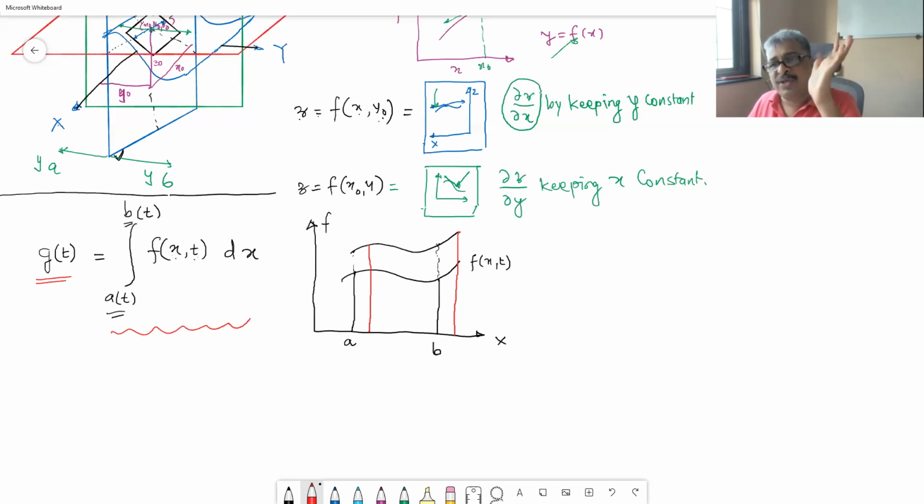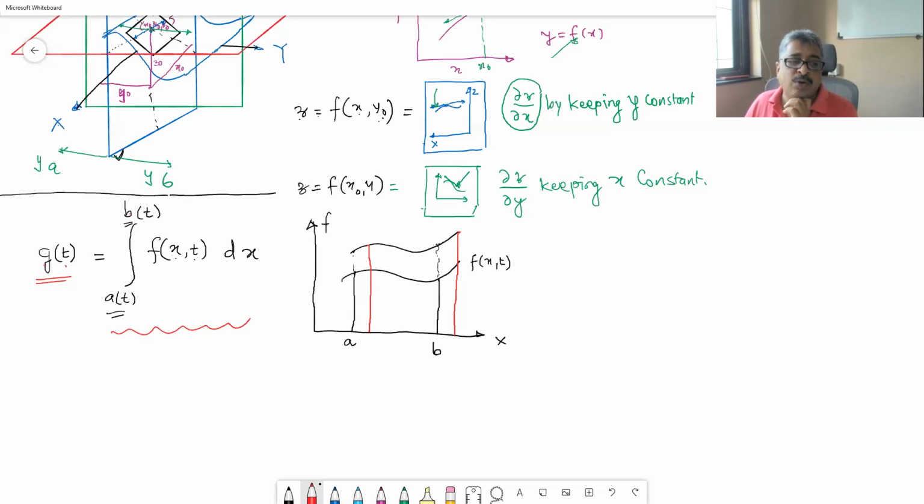But suppose we derive the formula and deal with it, we get some antiderivative of this part, which is supposed to be evaluated by using the fundamental theorem of integral calculus between b of t and a of t. After evaluating that quantity between b of t and a of t, you will end up getting something in t, and therefore this function is going to be a function of t.